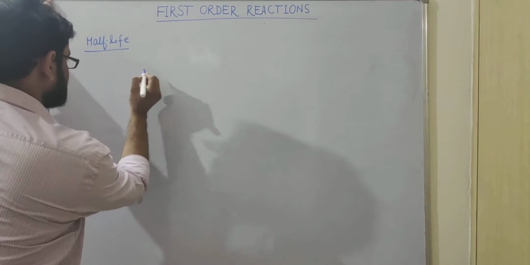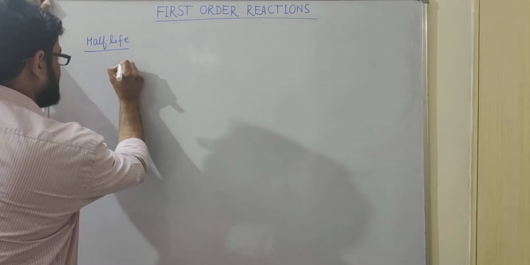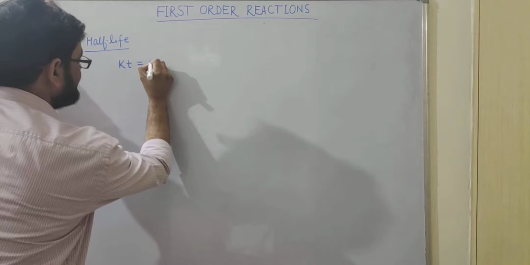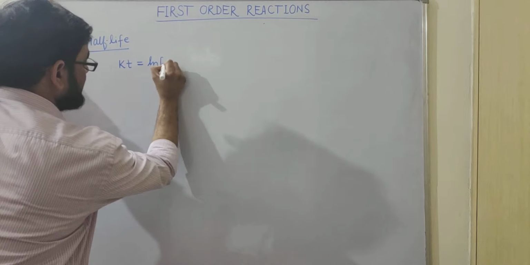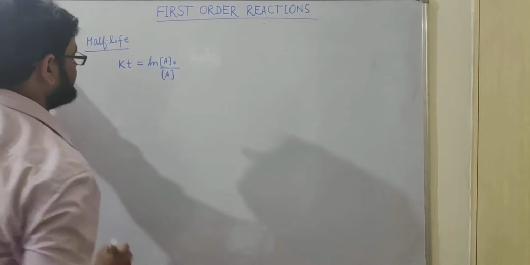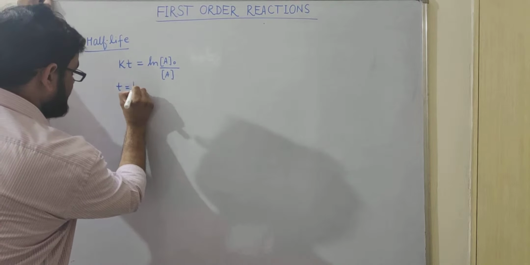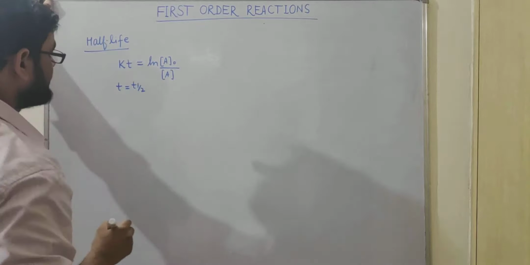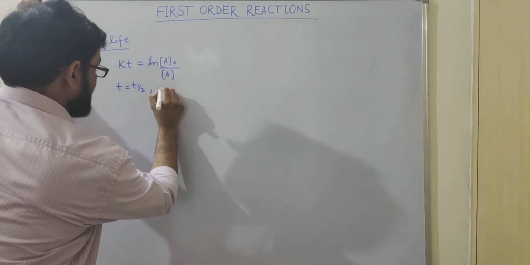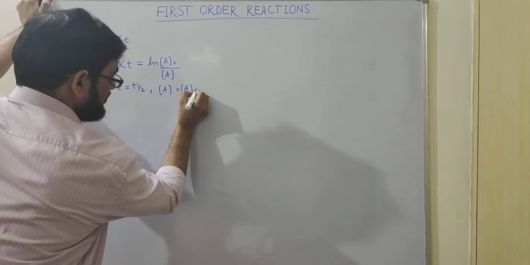We have seen just now that the integrated form of rate law equation for first order reaction is kt is equal to ln A0 upon A. At t is equal to t half, where t half is half-life, A will be equal to A0 upon 2.